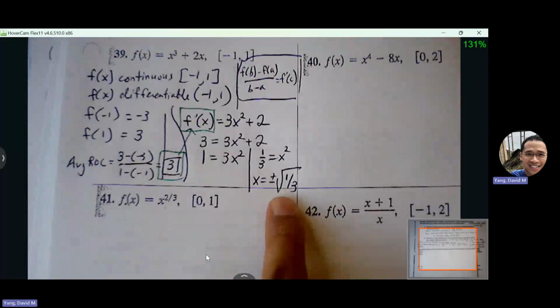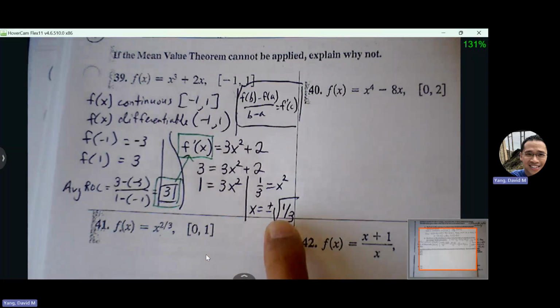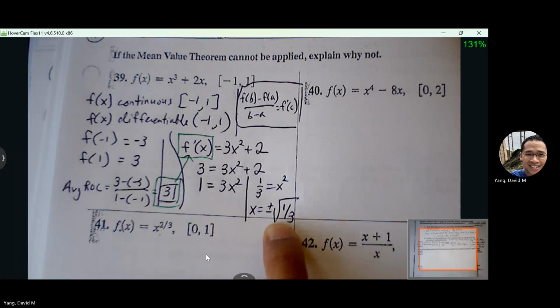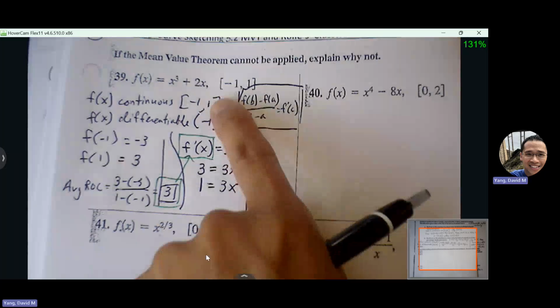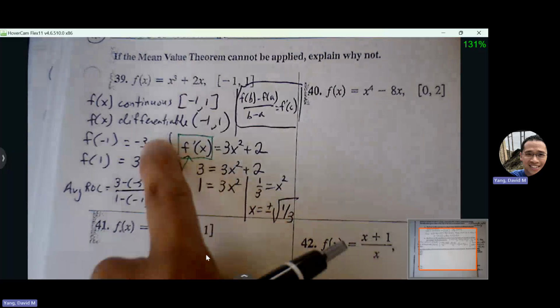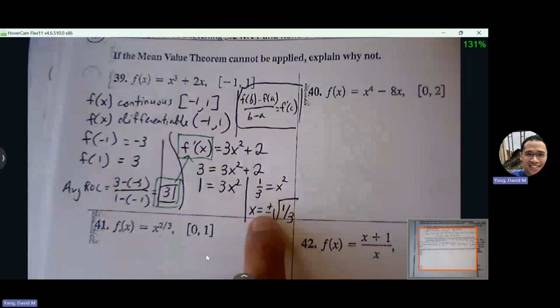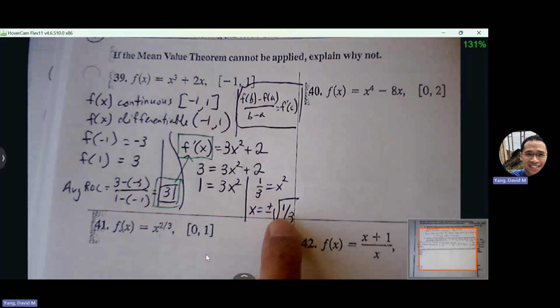So we have two locations where the slope is going to be exactly 3. But are both these locations valid? Yes. Both these values are between -1 and 1. And so when we get to this point of setting the derivative equal to the average rate of change, you're guaranteed at least one solution. But if you get multiple solutions, sometimes we do want to double check, right?